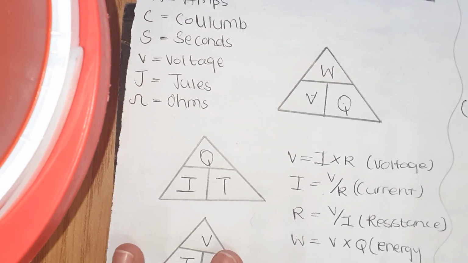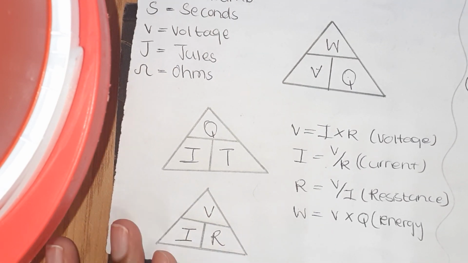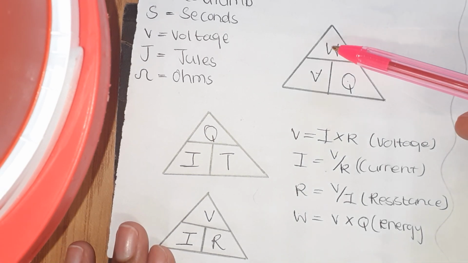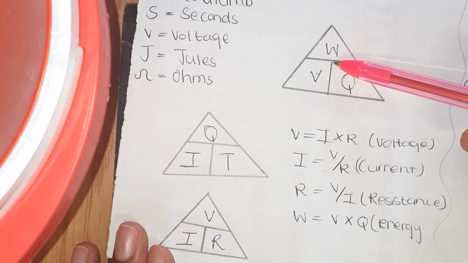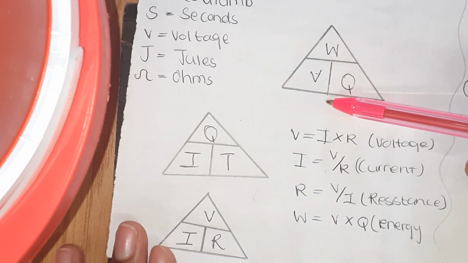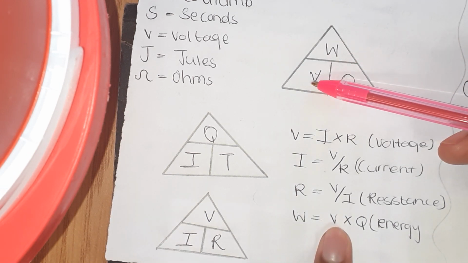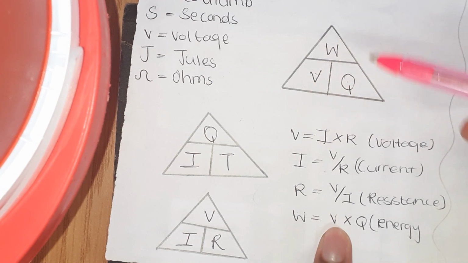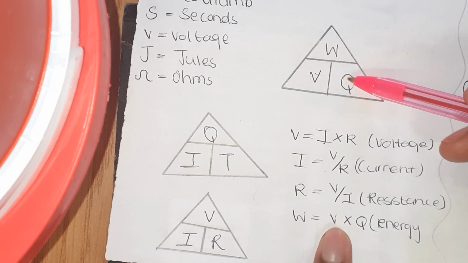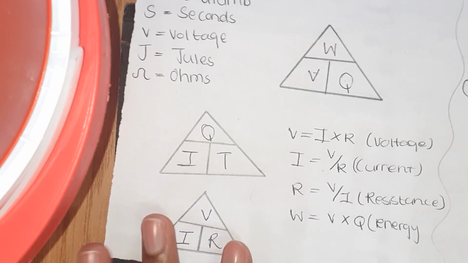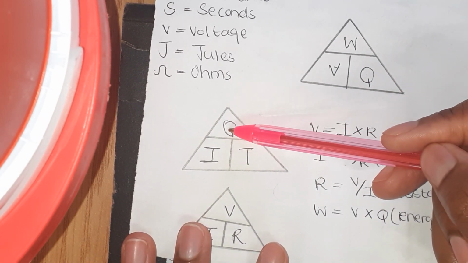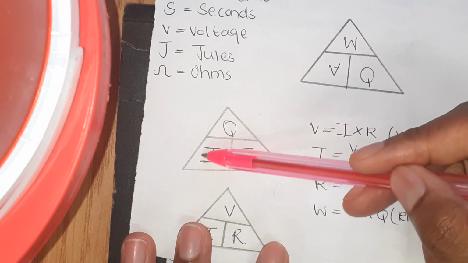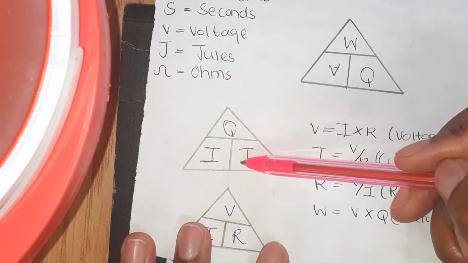Now we have these triangles. You have to know these triangles. Energy is calculated by multiplying voltage and charge. That's how you get your energy. Your charge, you get by multiplying your current and your time.